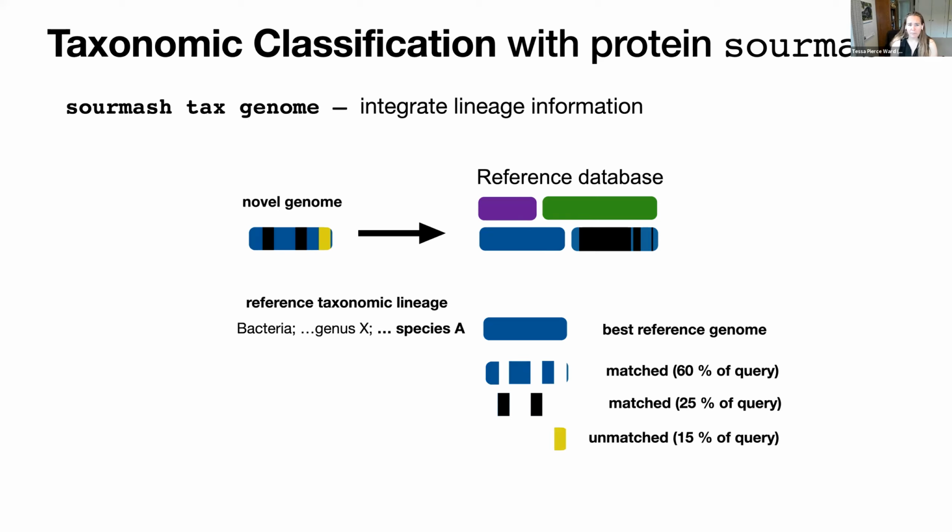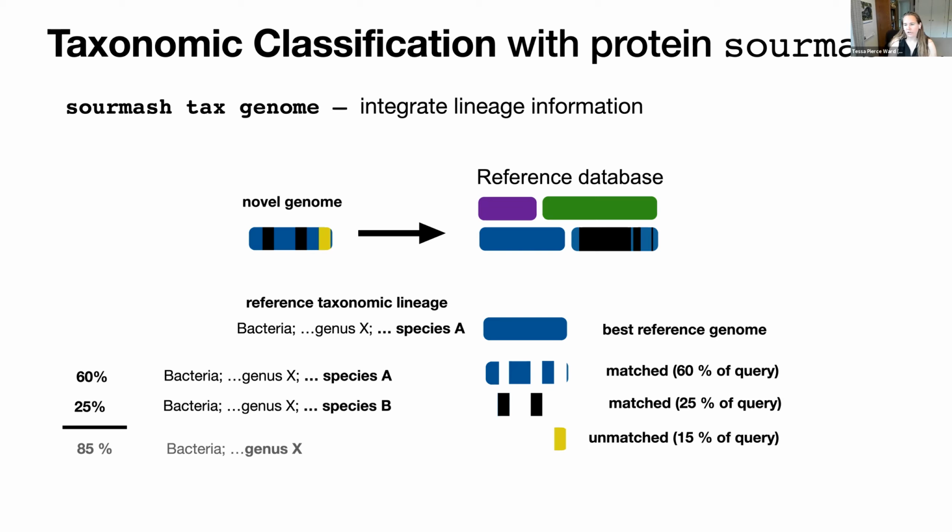What we can do then with the tax genome command is take the reference taxonomic lineages assigned to each of those best matching reference genomes, and we can transfer them onto the match percentages for our novel genome. So in this case, we're getting 60% to that species A and 25% to that other reference genome, species B. But because these are non-overlapping matched regions, we can actually sum that to get the percent match at the least common ancestor for these two.